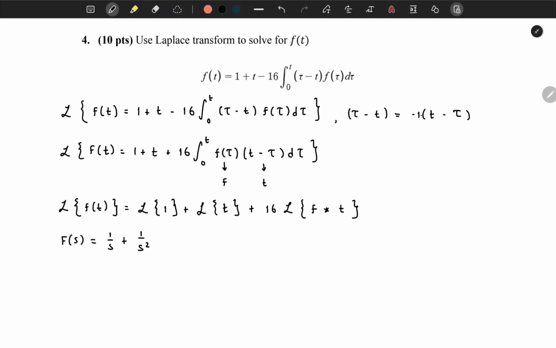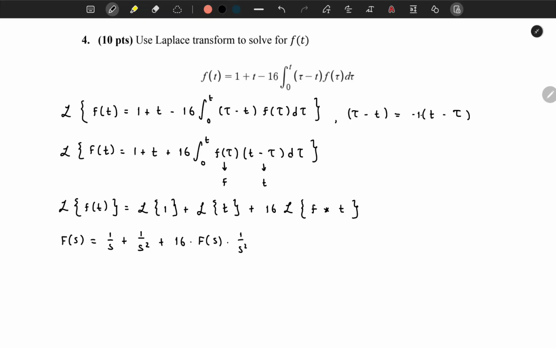And now the Laplace of the convolution of f and t would just be the Laplace of f, which is F of s, times the Laplace of t, and we know that the Laplace of t is just 1 over s squared.